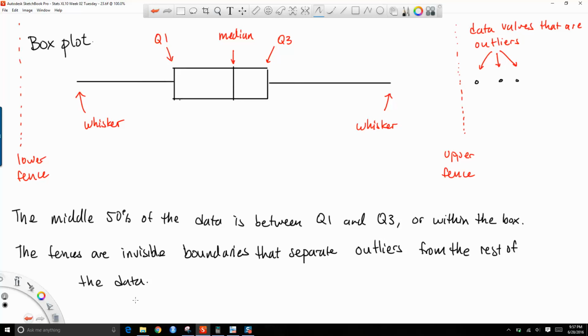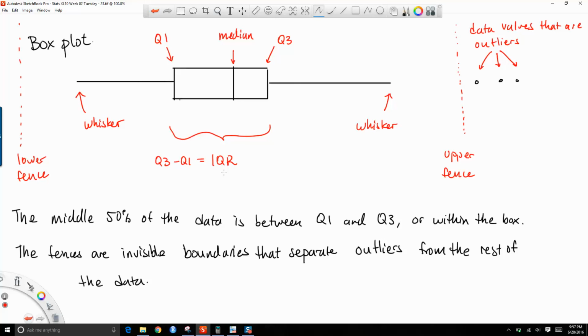The IQR is Q3 minus Q1, which is effectively the width of the box, okay? So you can look at the width of the box and you can get a sense of how much spread is in one data set versus another data set.